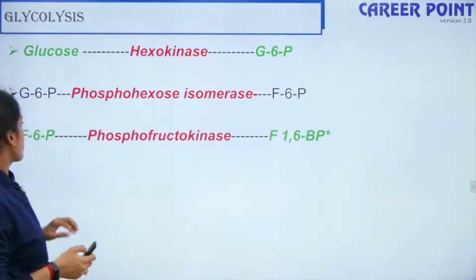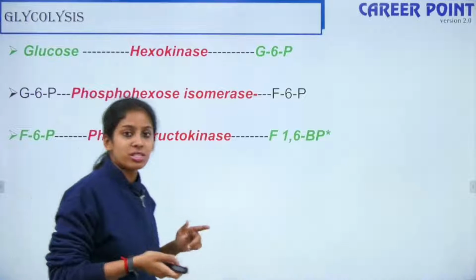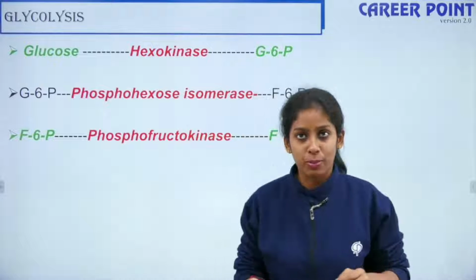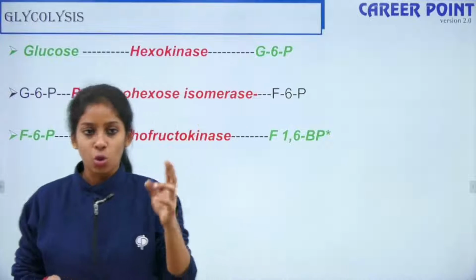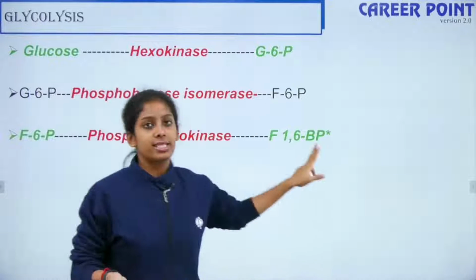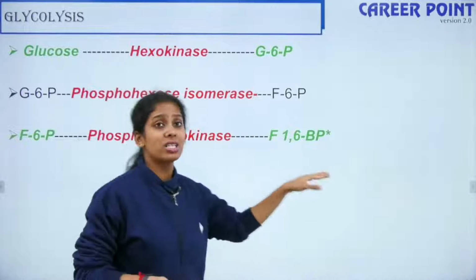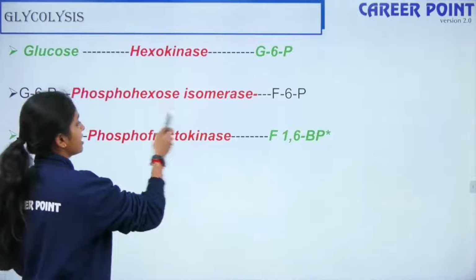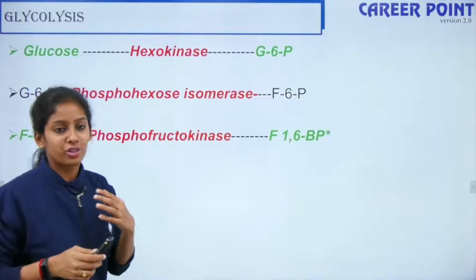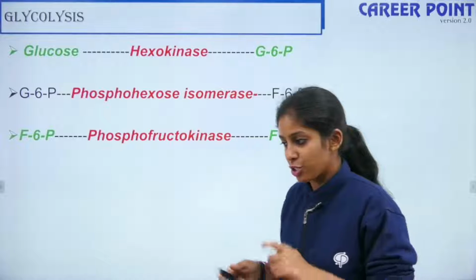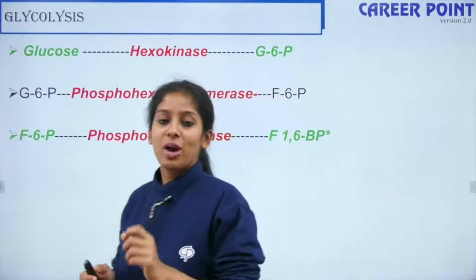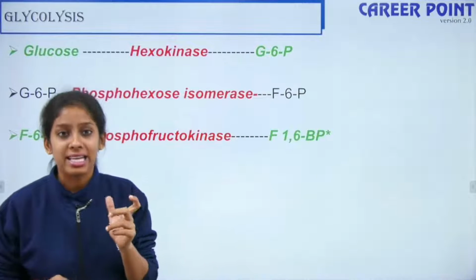Okay. The next step is that fructose 6-phosphate gets an additional phosphate group. So that is fructose 1,6-bisphosphate. Bis is 2. So from one phosphate, it is getting the second phosphate. So here the enzyme is phosphofructokinase. Yesterday I was telling you, whenever there's a phosphorylation reaction, that is addition of phosphate, you have the involvement of the enzyme kinase, right?